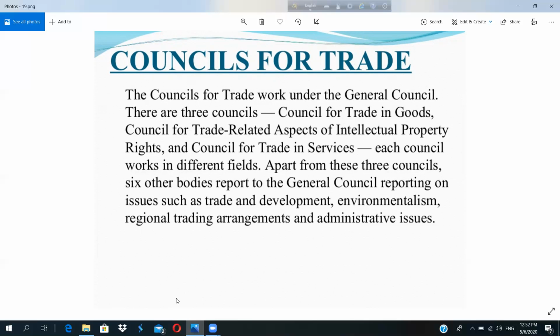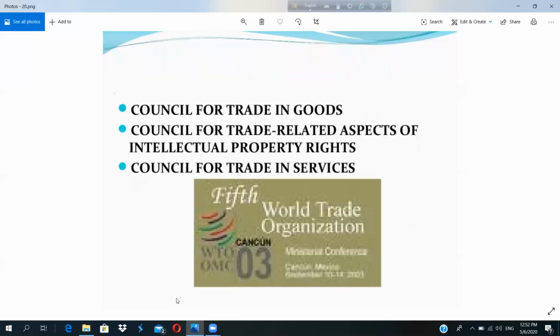Apart from these three councils, six other bodies report to the General Council, reporting on issues such as trade and development, environmentalism, regional trading arrangements, and administrative issues. Okay, the councils that I already said: Council for Trade in Goods, Council for Trade-related aspects of intellectual property rights, Council for Trade in Services.